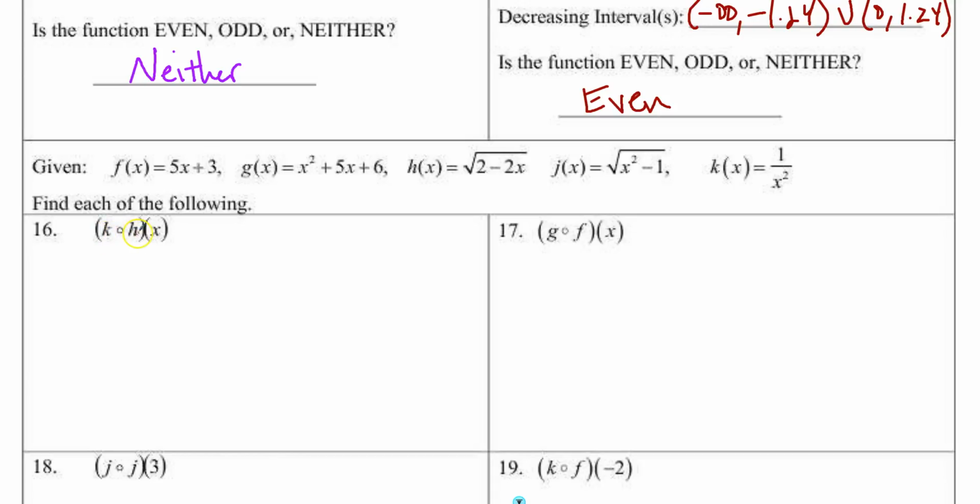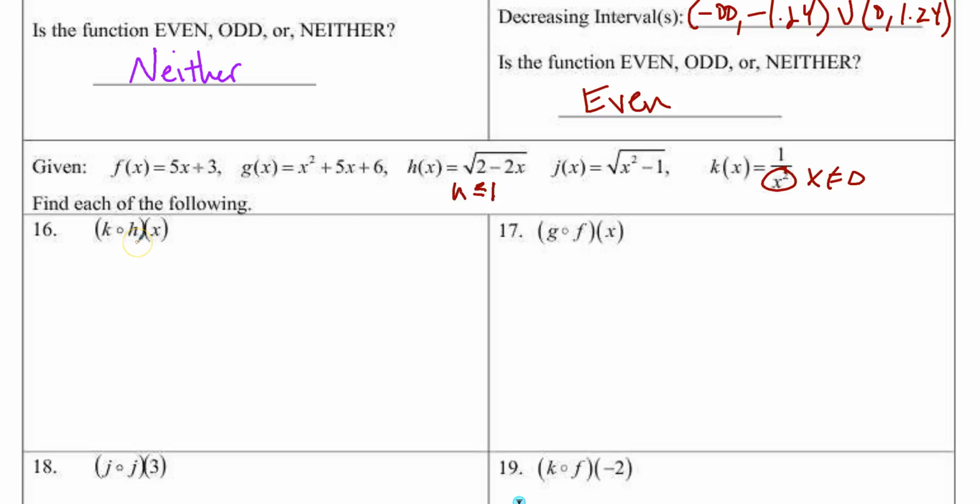Looking at k and h real quick, k is not defined when x is 0, and for h, if I solve the inside of this real quick, it has to be greater than or equal to 0. If you do some quick math, 2 minus 2x is greater than or equal to 0. Subtract the 2, divide by negative 2, which makes me flip the inequality around, so x is less than or equal to 1. I have to keep these 2 things in mind when we find this composition.